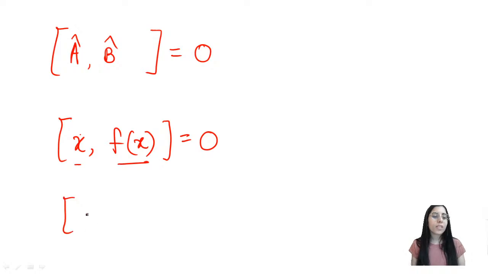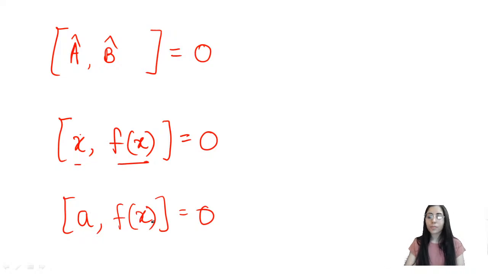Or if there is any constant and you find its commutator bracket with f(x) or f(y), you will always get 0, because with a constant we can again find the value of any given function. So that tells us the physical significance of the commutator bracket, and we can understand it very easily with these examples.